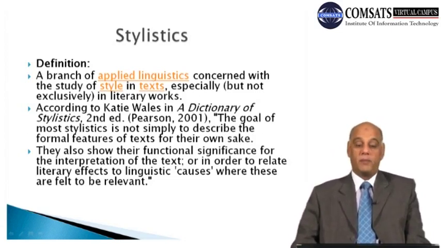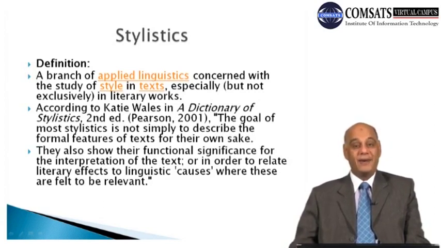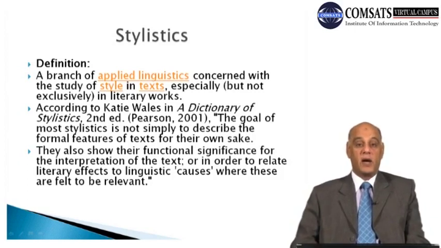Now, "a branch of applied linguistics concerned with the study of style in texts, especially, but not exclusively, in literary works." The first thing that needs your focus is the word applied linguistics.